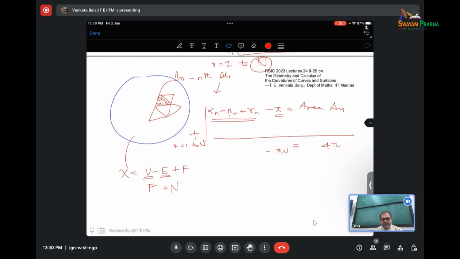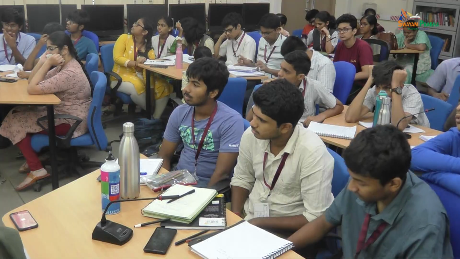If you add all these angles, they are going to add up to all the angles. You look at each vertex, there are V vertices. Every angle is unique to a particular triangle and to a particular vertex. If you add everything, what should you get? For each vertex, around the vertex you are supposed to get 2 pi, which is the 360 degrees.